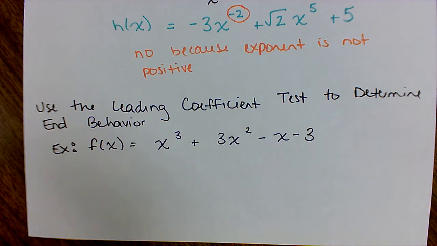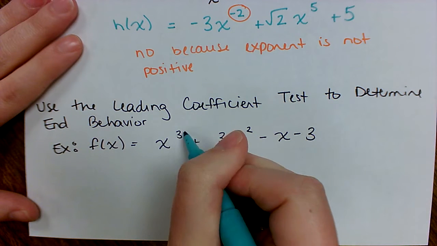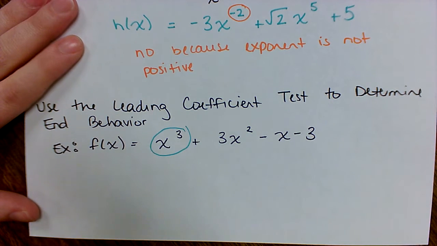Okay, so here's my function. To use the leading coefficient test, I need to find the leading term, the term that's got the biggest exponent. Okay? So here is my term with the biggest exponent.